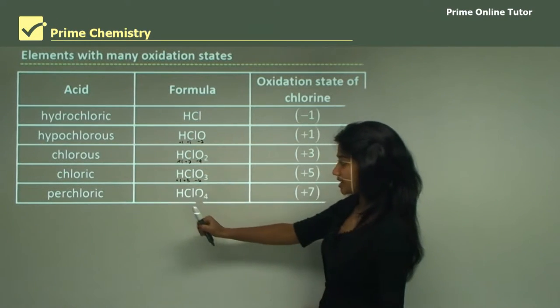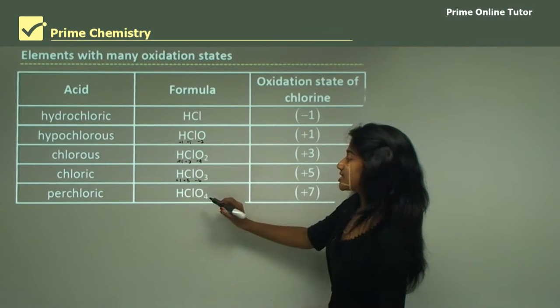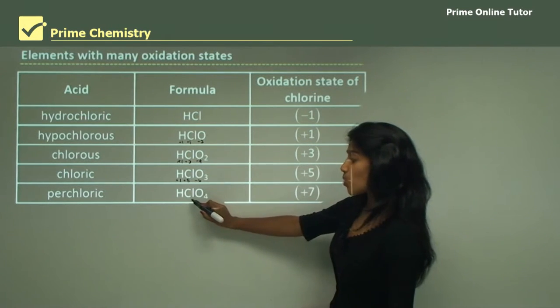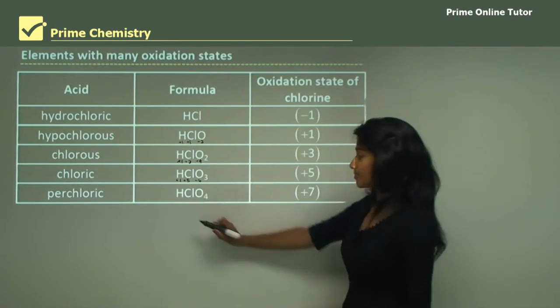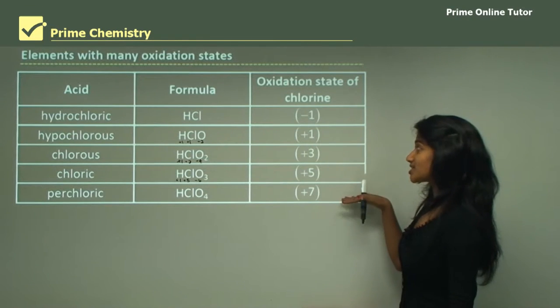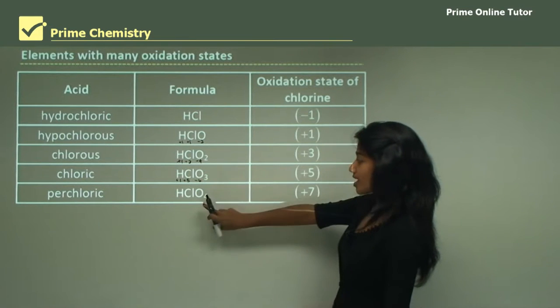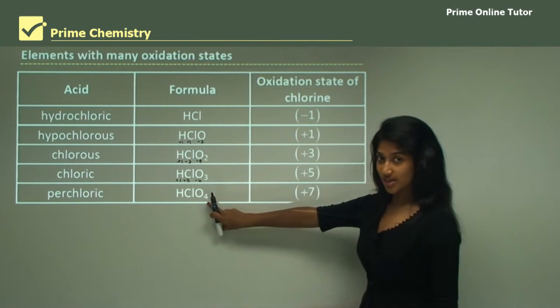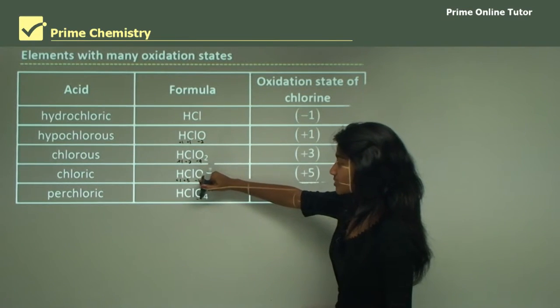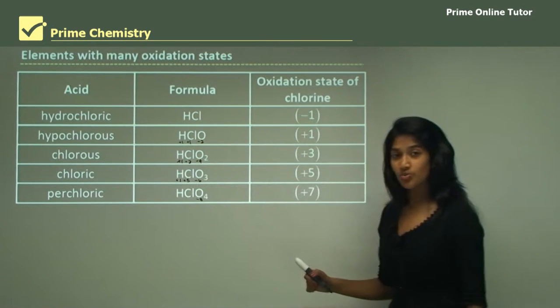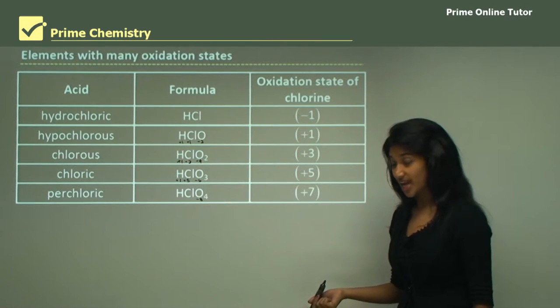Now perchloric acid. Perchloric acid has 4 oxygens, 1 chlorine and 1 hydrogen, and it has an oxidation state of +7. To work it out, we have 4 oxygens here, and 4 times 2 is 8, so we have -8 oxidation state.